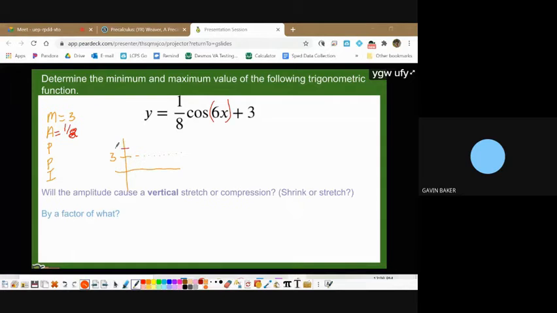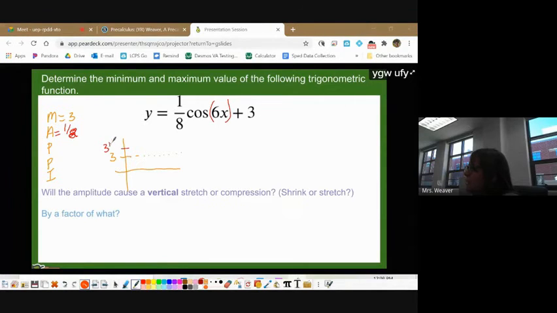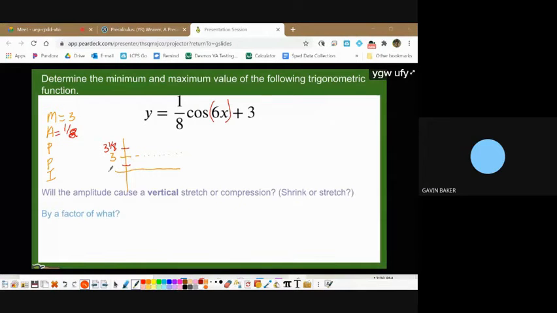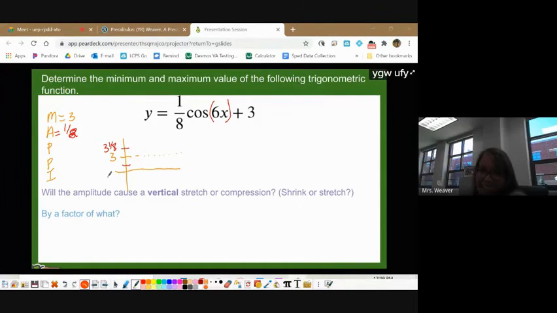Up 1/8. Right. So I'm going to go ahead and call it 3 1/8 here. And where's your minimum going to be? Down 1/8. So that would be 2 7/8. Okay. So our minimum here is 2 7/8.